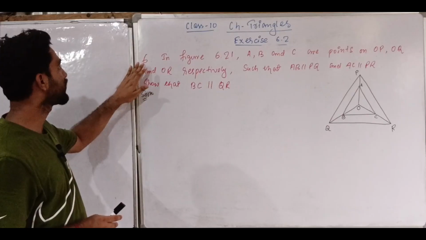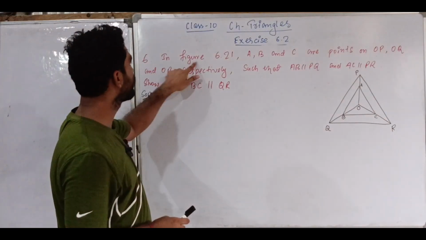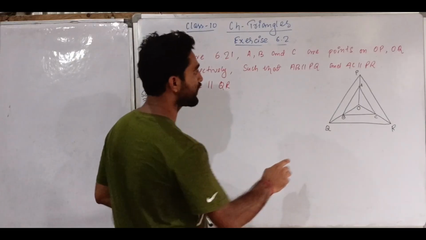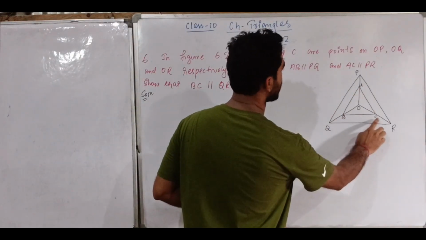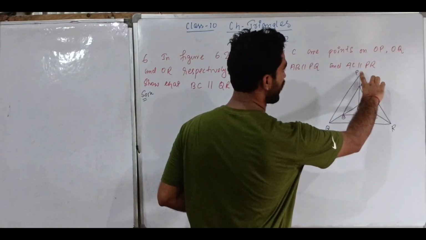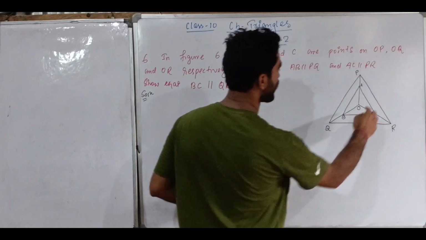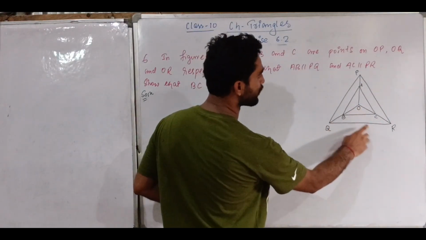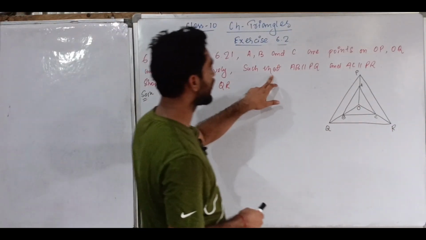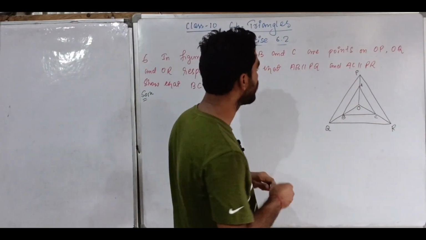Okay, now let's see question number 6. In the figure 6.21, this is the figure 6.21. In this figure, A, B, C are points on the lines: A is a point on line PO, B is a point on line OQ, and C is a point on line OR respectively, such that AB is parallel to PQ.